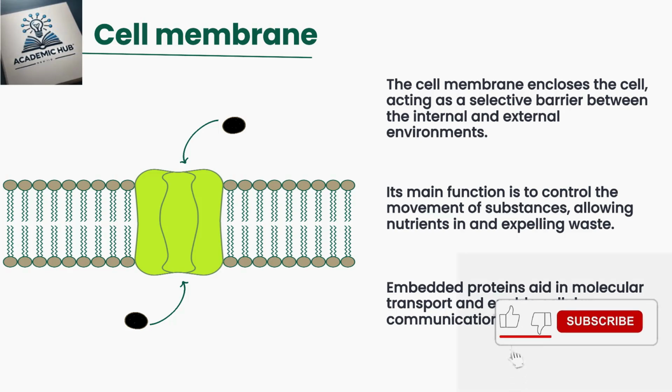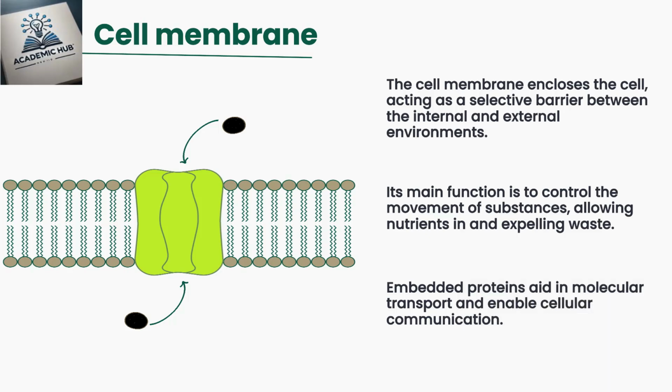Now next is cellular communication and the role of the membrane. That is also a main feature of the cell membrane. Beyond acting as a barrier, the cell membrane is a critical facilitator of cellular communication.